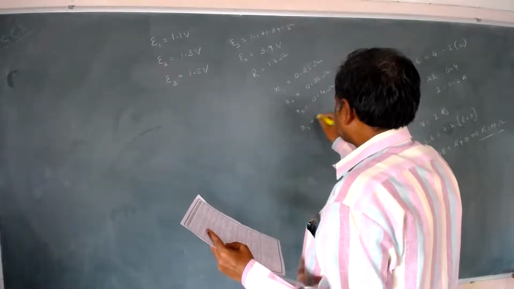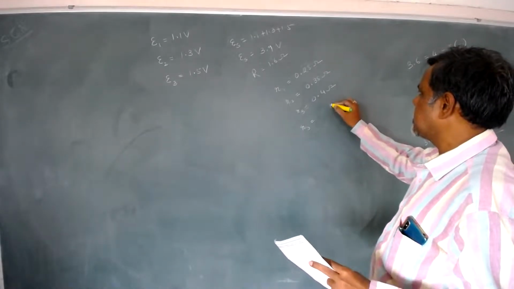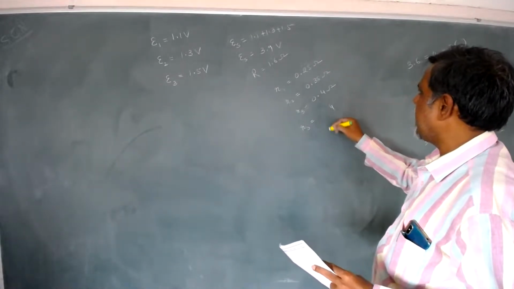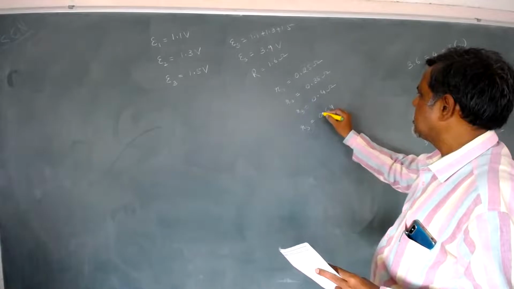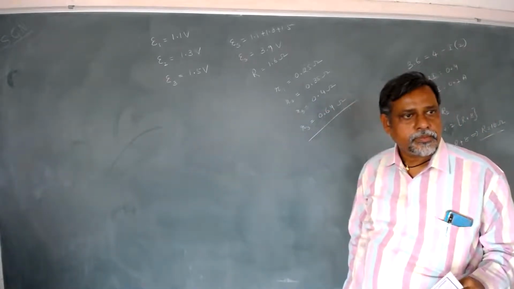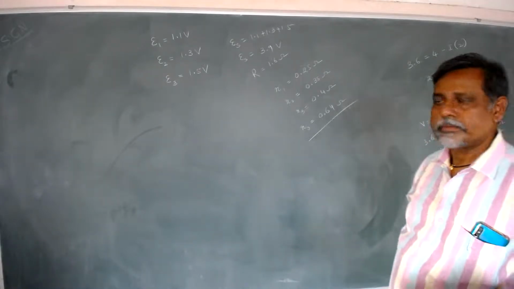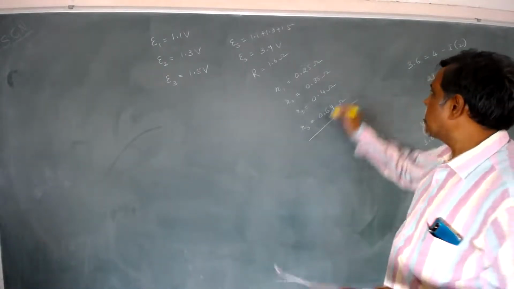Effective resistance in the series combination. How much? This is 0.64. Got it?